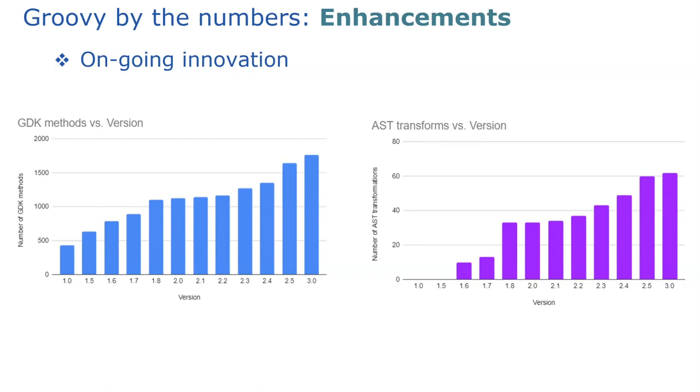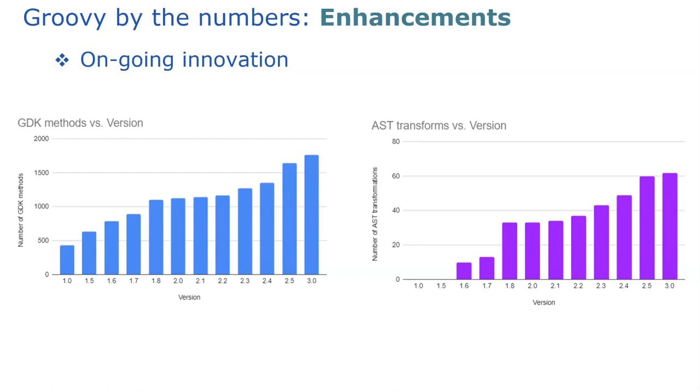There are some 1,800 of those in the latest GDK, so in the version 3 that is out there now, there are lots and lots of enhancements. They're available for both the dynamic mode of Groovy and the static mode, so those enhancements are all applicable to both the different natures that Groovy provides.